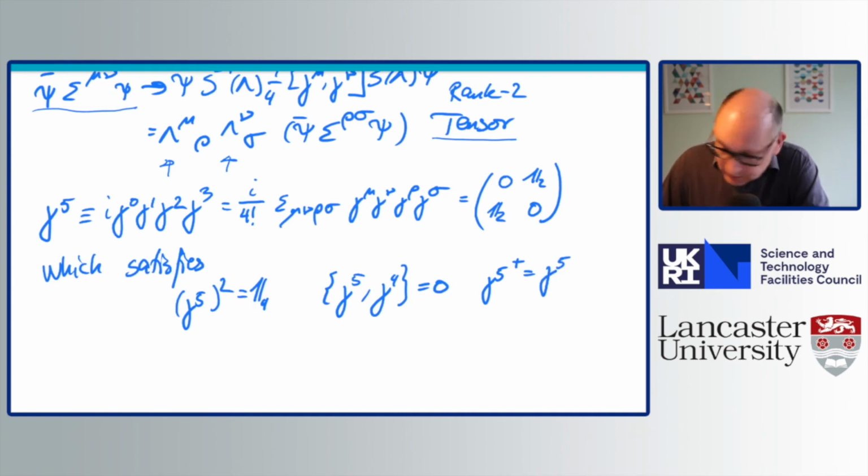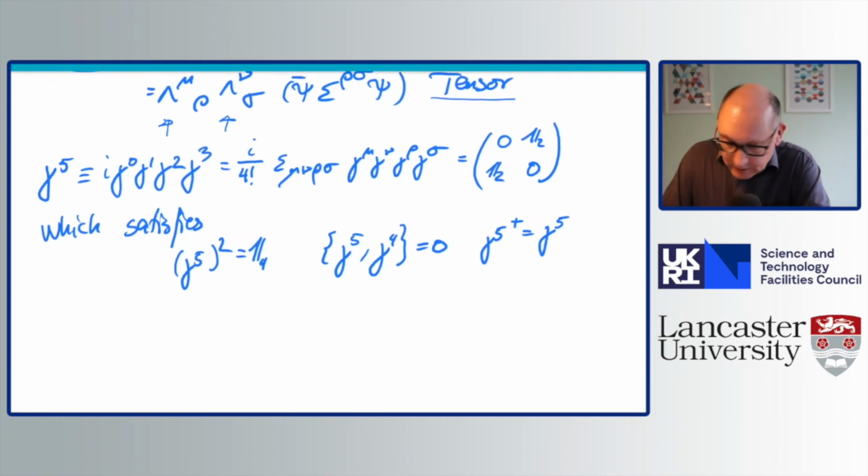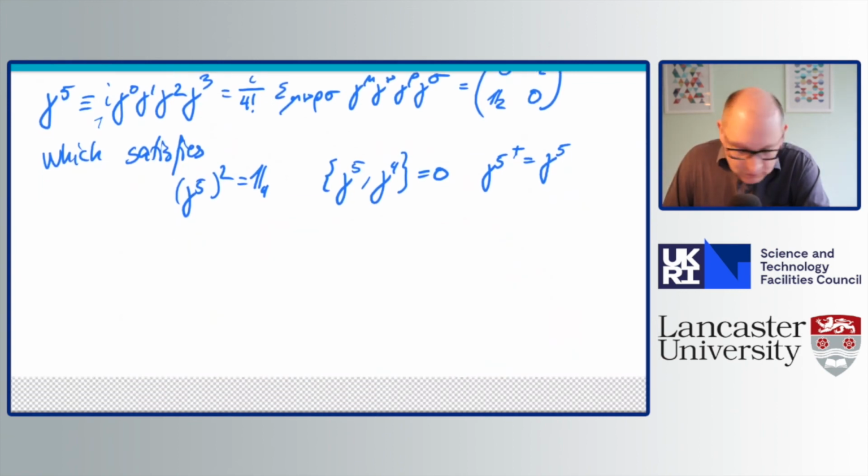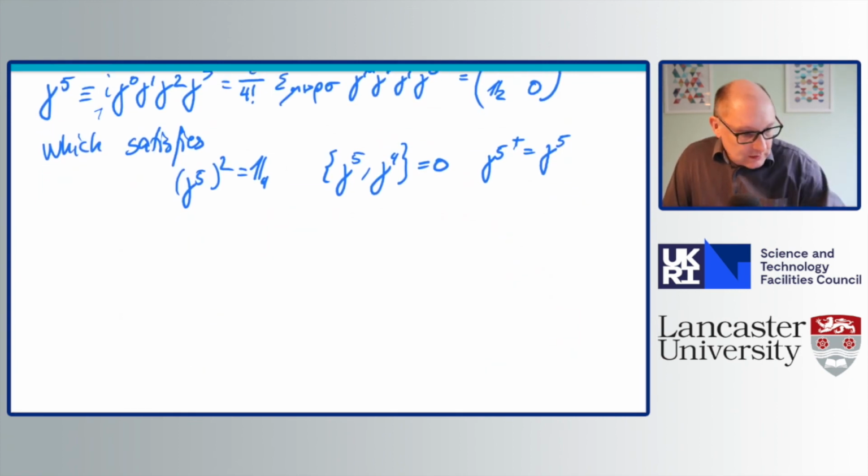Good. Now the factor i here is to ensure that it's Hermitian, the Hermitian conjugation. Now, using this gamma 5, we can construct 5 more bilinears.